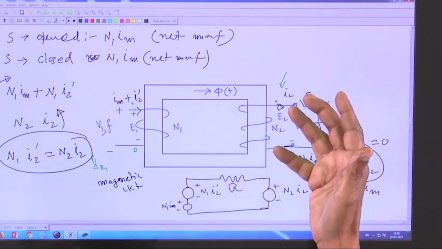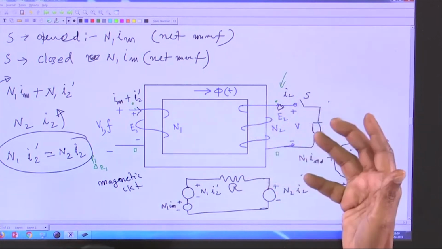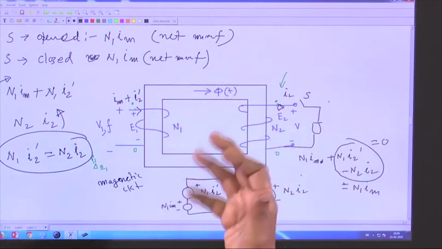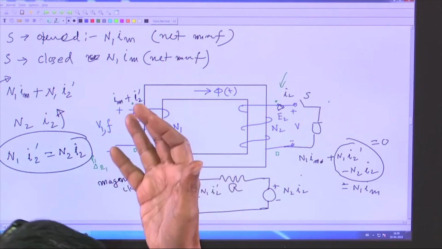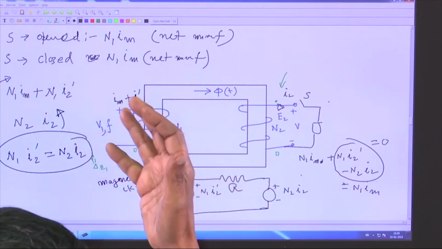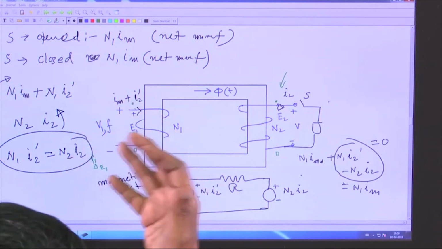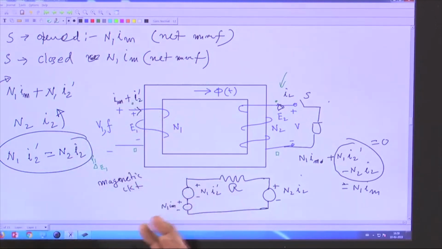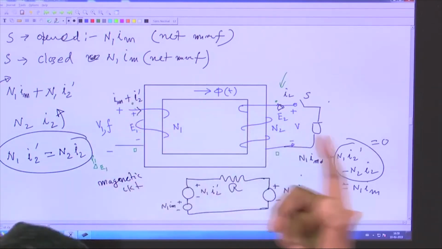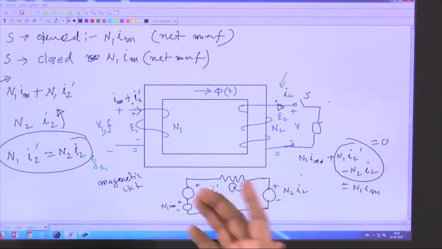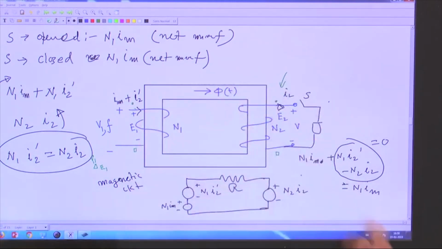Because the moment S is closed, it will draw current, but flux level in the core has to remain the same because it has a duty to satisfy the KVL equation on the primary loop. You cannot have a circuit where KVL is not satisfied. Therefore, it must be E1, and E1 is root 2 pi F phi max N1. So, phi max cannot change.